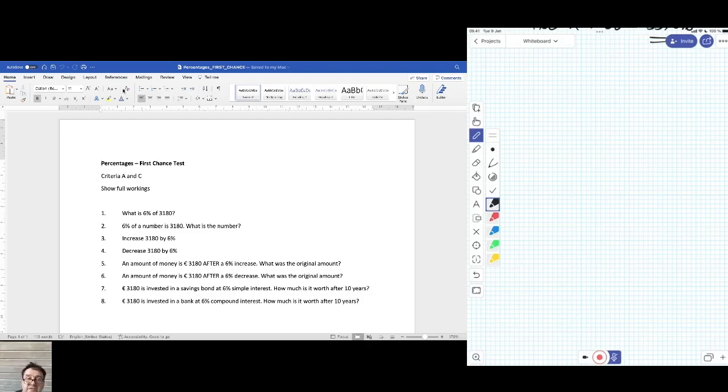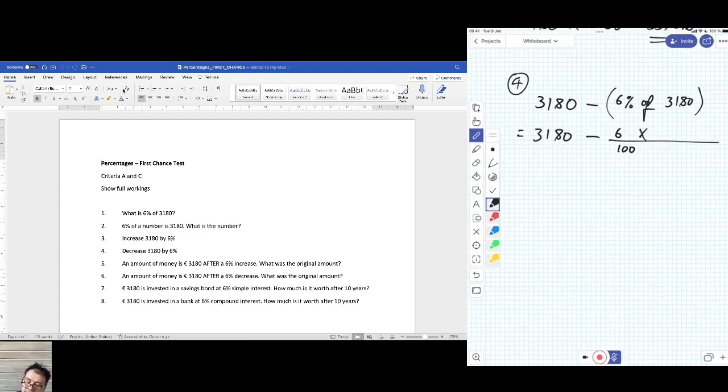Decrease 3180 by 6%. Okay, so in a similar way, you could say 3180 minus 6% of 3180. So that's 3180 minus 6 on the top, 100 on the bottom for 6%, times for of 3180, and get the answer.